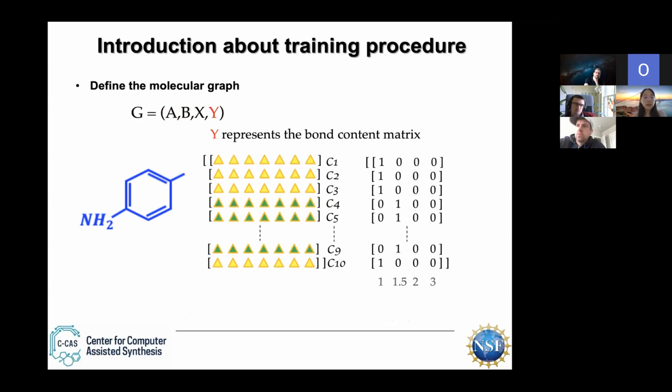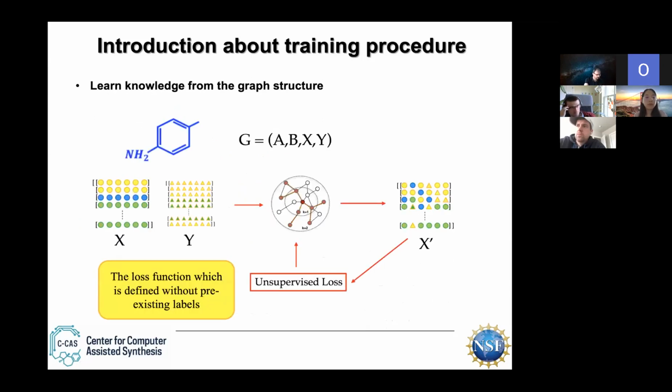Next, let's talk about how to learn the knowledge from the graph structure. First, I will take this molecule as an example input to show how to learn the knowledge.